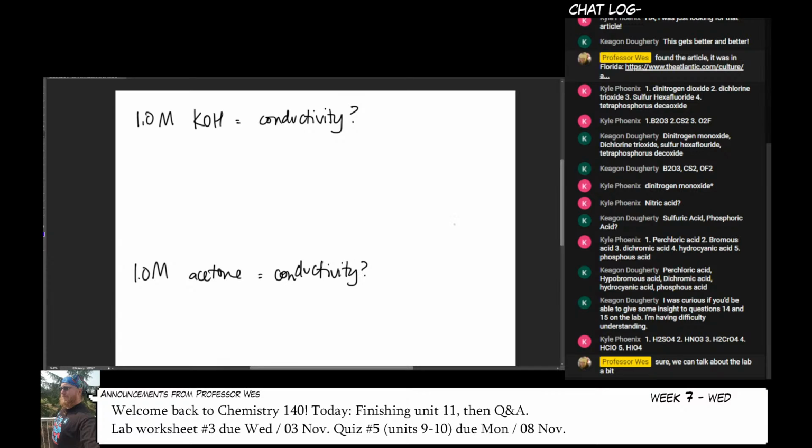But there is a blurb in the documentation that says that conductivity occurs only when charged ions are detected. Now, it says nothing about the identity.